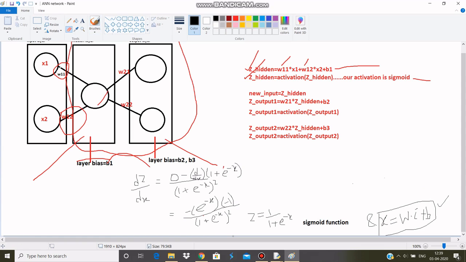Okay, so I'll just pull it off here, and this will give us dz upon dx equals e to the power of minus x divided by (1 plus e to the power of minus x) whole square.